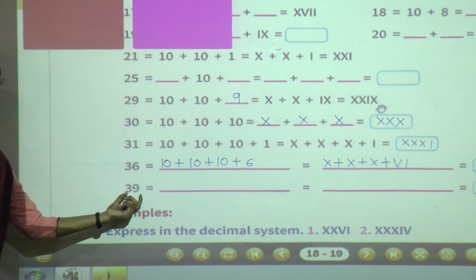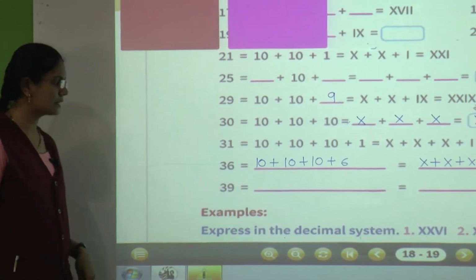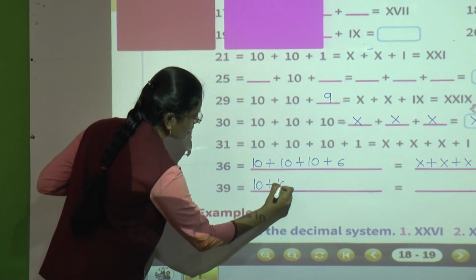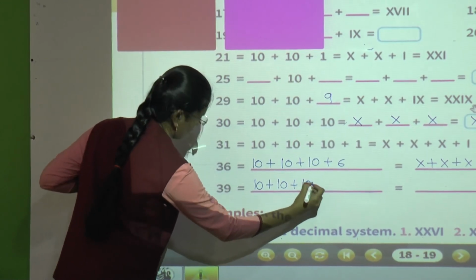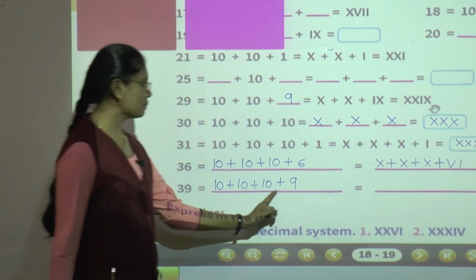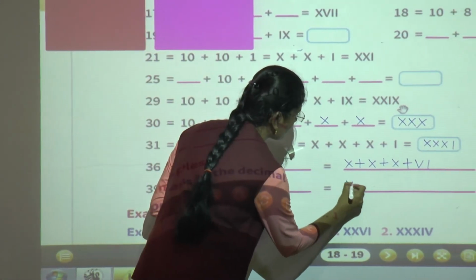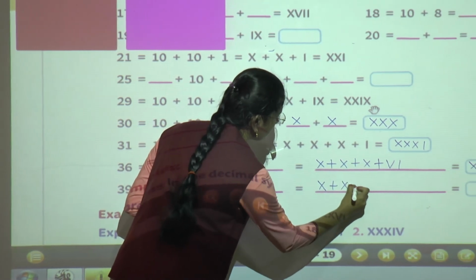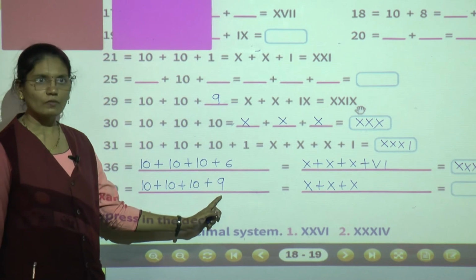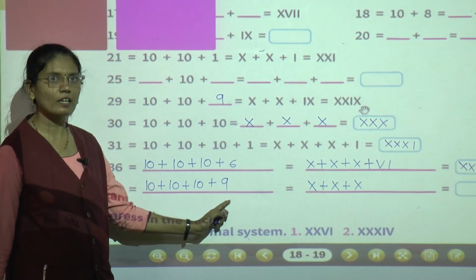Now the last number, 39, is there, isn't it? So again we will split up the number: 10 plus 10 plus 10 plus 9. Yes, 3 times 10 is there, so we will do the addition. 3 times we will write X, and for 9 what are we using? 9 means what, children?